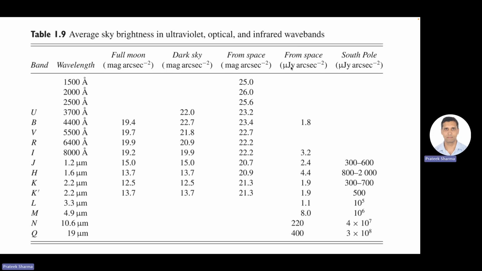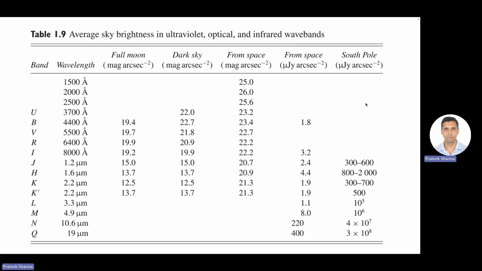So amount of energy received by a telescope per unit area, per unit time, per unit wavelength. That's Jansky. And 1 Jansky is 10 to the minus 26 in MKS units, and minus 23 in CGS units. So these are more physics units. These are the astronomy units. These are conversions between them.